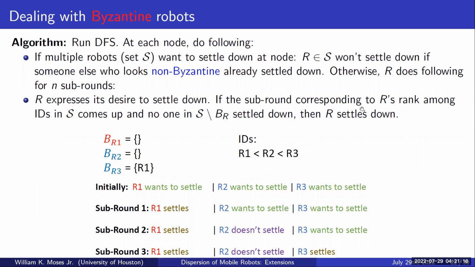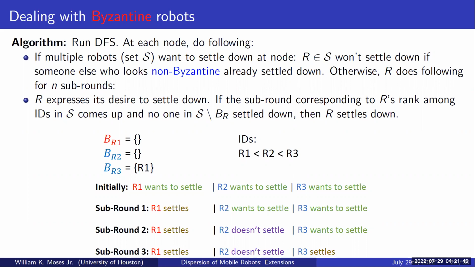Now, the way we have them settle down is interesting. Recall that when I talked about randomness earlier, I talked about this leader election and utilizing sub-rounds because communication is free. We again make use of this notion of sub-rounds and that communication is free. What we do is we divide a given round into n sub-rounds, and we have everybody raise their hand and say, hey, I want to settle.